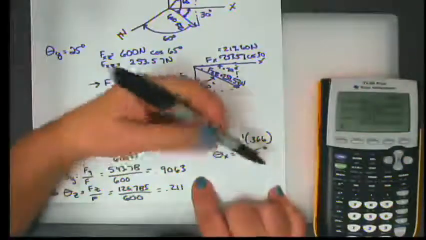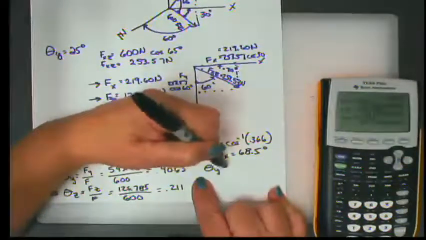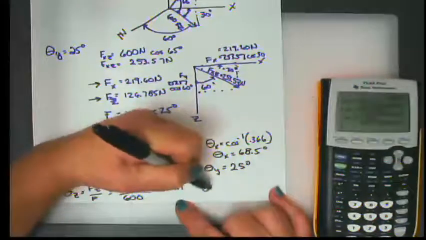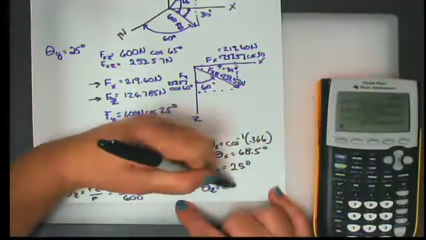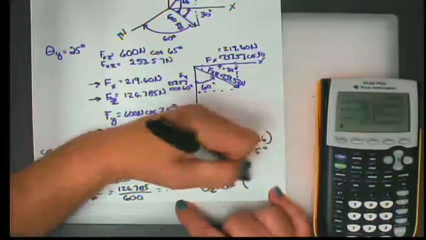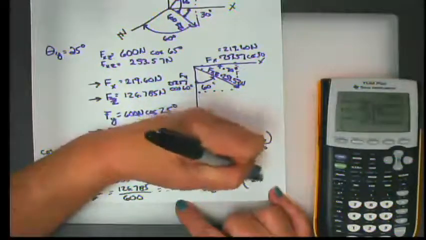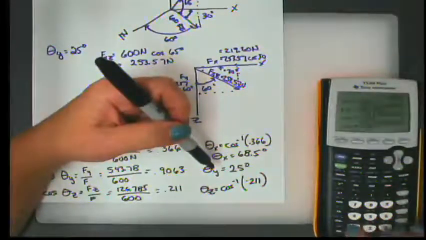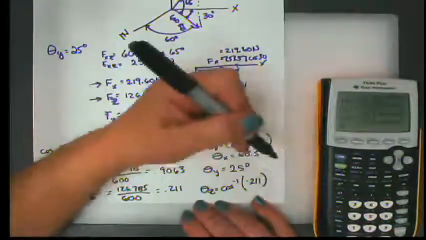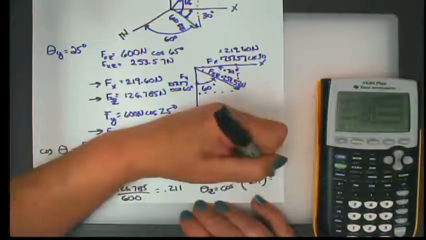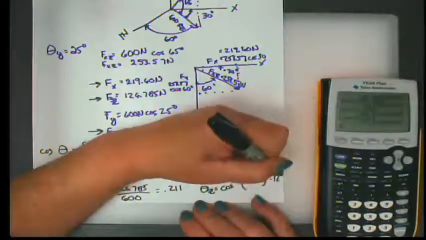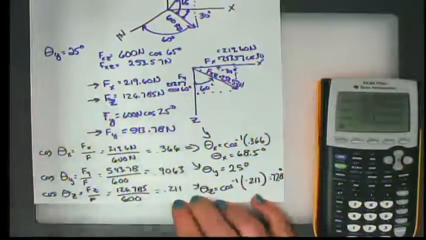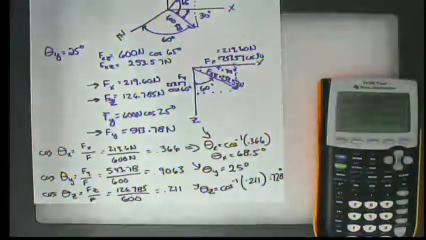Theta y, we've already determined, is 25 degrees, and we checked it. And theta z is going to be the inverse cosine of 0.211, and so that angle is 77.8 degrees. All right, so we have all of our answers for the first problem.